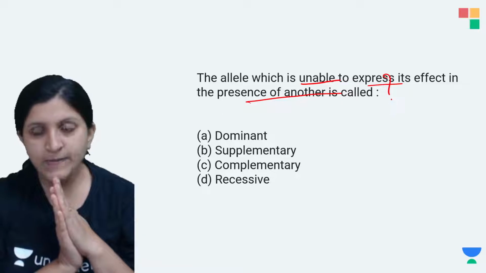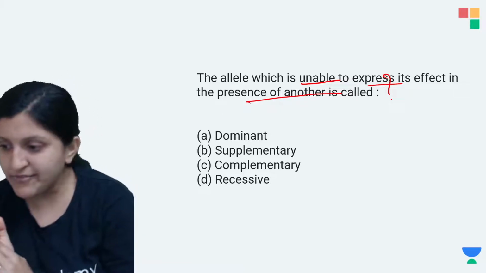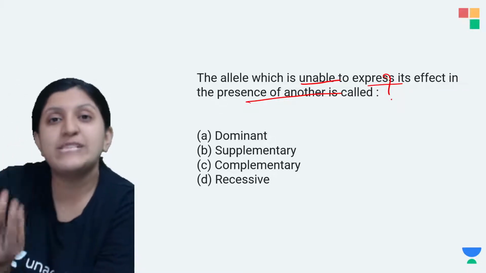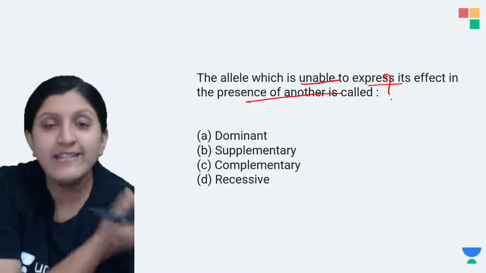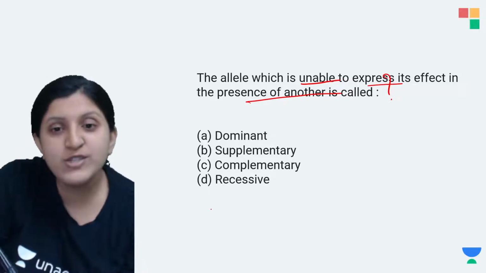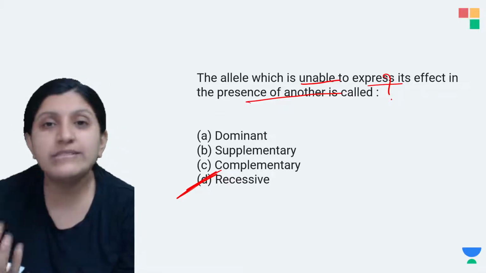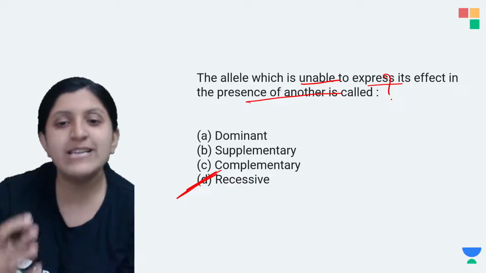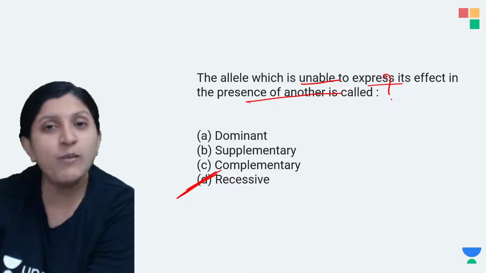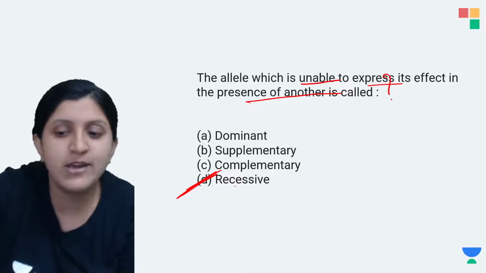So one which is expressing itself, the one which is not expressing itself. Yes, very good again Piyush. The one which is not expressing itself because there is another allele which is dominating the action. So the one which is not expressing itself is the recessive one. Okay, so recessive allele does not express itself when it is in a heterozygous condition, because the dominant allele is going to express itself, and that's the reason this is a recessive.